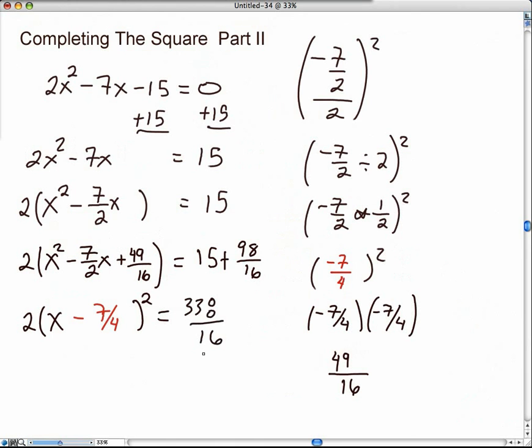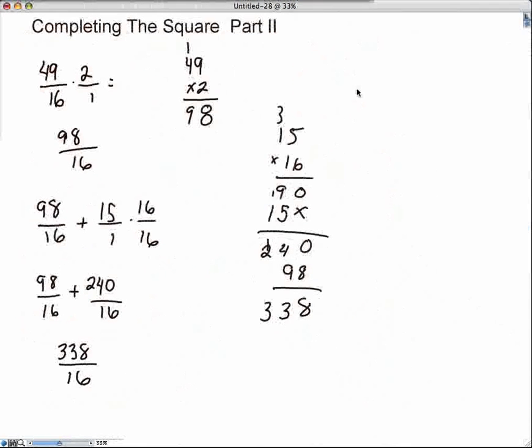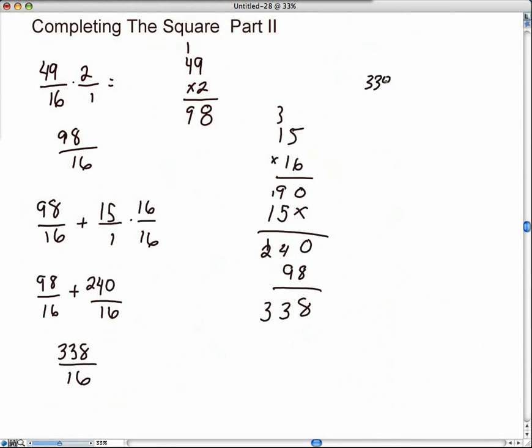Looks pretty good. And then we got to get rid of this 2. So we could multiply by half on both sides. I prefer to divide by 2 and divide by 2. So this is going to be x minus 7 over 4 squared equals 338 divided by 16 divided by 2. Let's do it over here. 338 over 16 divided by 2.